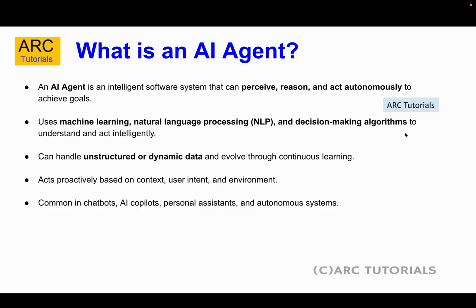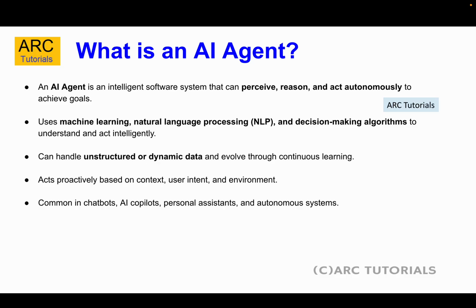An AI agent is an intelligent software system that can perceive, reason, and act autonomously to achieve goals. It uses machine learning, natural language processing, and decision making algorithms to understand and act intelligently. The biggest difference between an AI agent and RPA is that an AI agent can handle unstructured or dynamic data in any form.